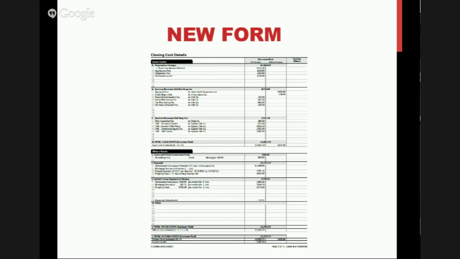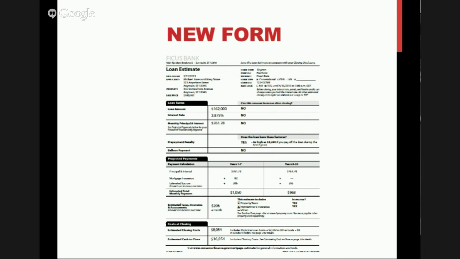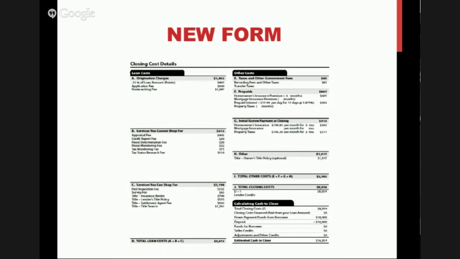In the loan estimate document, which is received on the front end of the transaction on page 2, and I'll go back down there again, page 2. Items B and C in the left-hand column read services you cannot shop for and services you can shop for. The language changed a little bit, so it shows you what you can do, what you can't do.